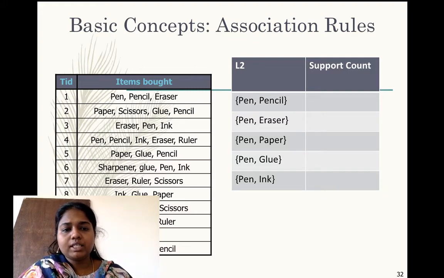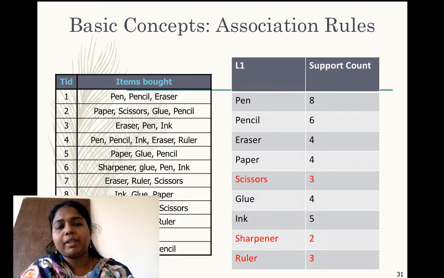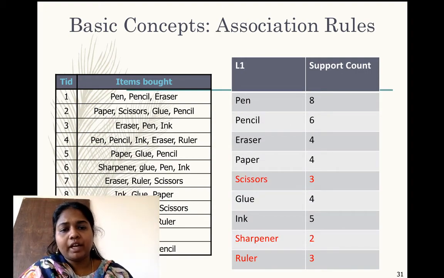So likewise I count and find out the support count of all the possible combinations. This I have done for only pen. Pen along with pencil, pen along with eraser, pen along with paper, pen along with glue, pen along with ink are the possible combinations I have identified.